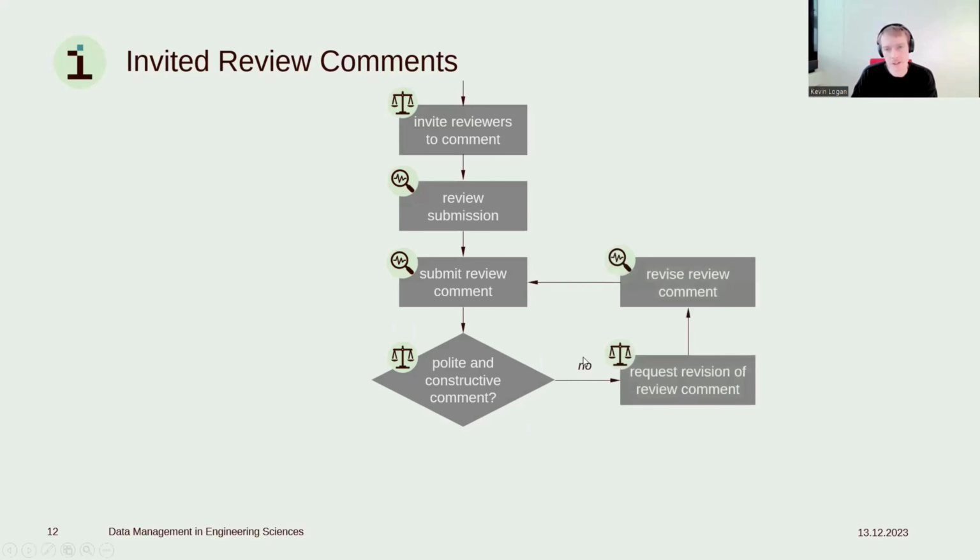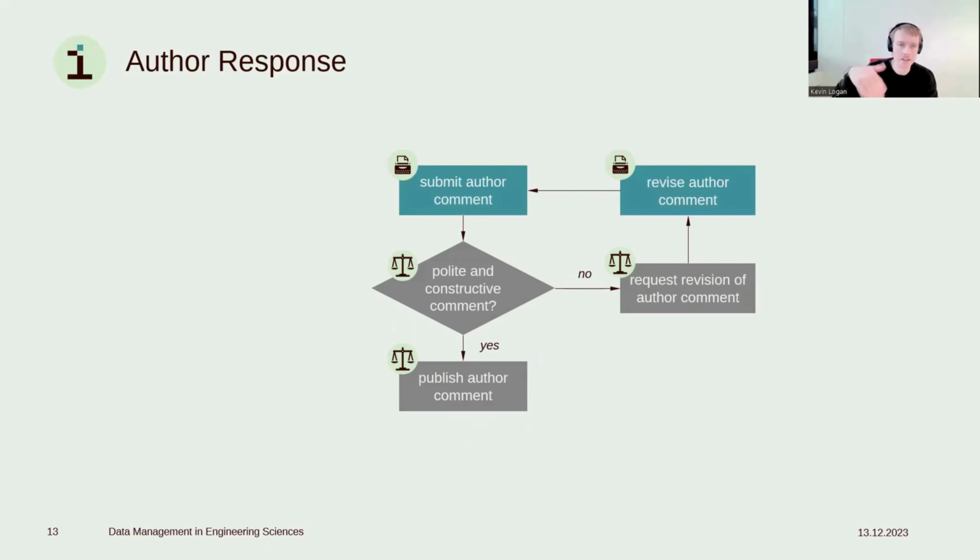And well, if it doesn't, the reviewers get asked to revise their review comment. And if it does, then the review comment gets published, marked with a special flag, and published alongside the preprint on the preprint platform.